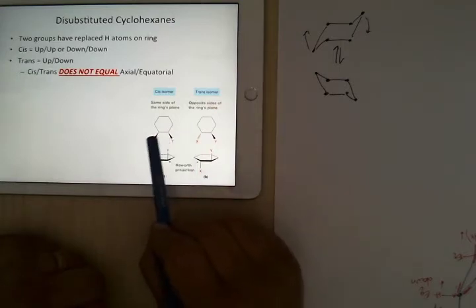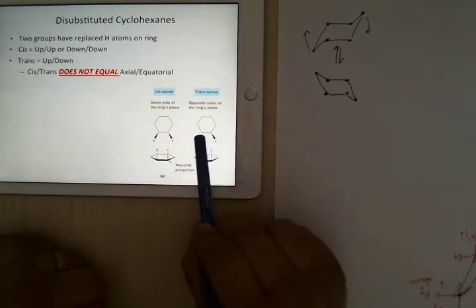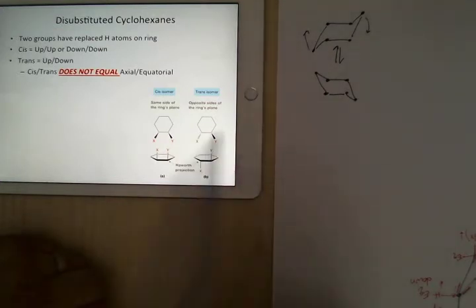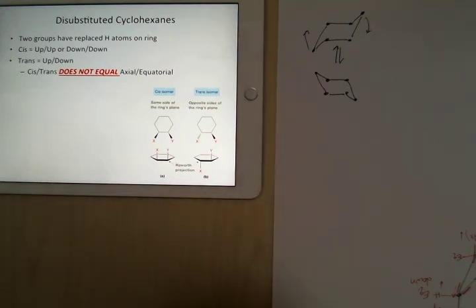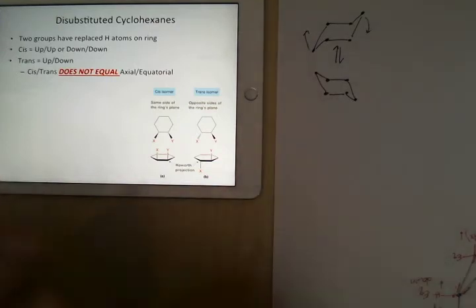If they were both dashes, they would also be cis. But if you have a dash and a wedge, or a wedge and a dash, one up, one down, those would be trans. But don't get axial and equatorial mixed up with up and down, or cis and trans. Those are two separate things.